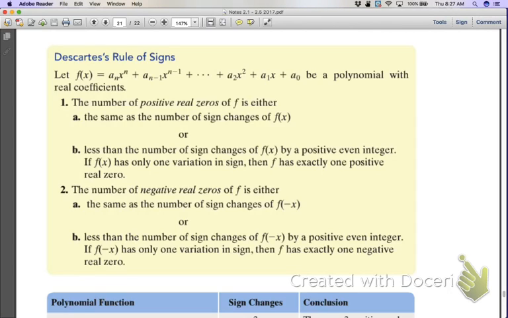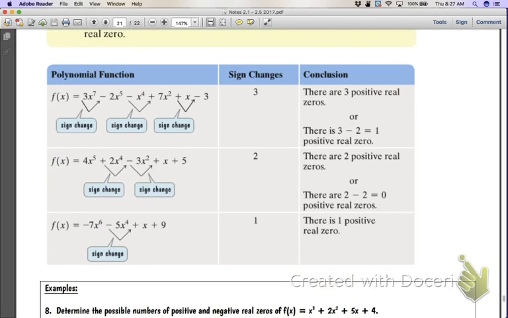So basically what this says, okay, the number of positive real zeros of f is either the same as the number of sign changes, or less than the number of sign changes by an even integer. Okay? So in your notes, this table, if you're going to draw anything, this is going to be your best bet.